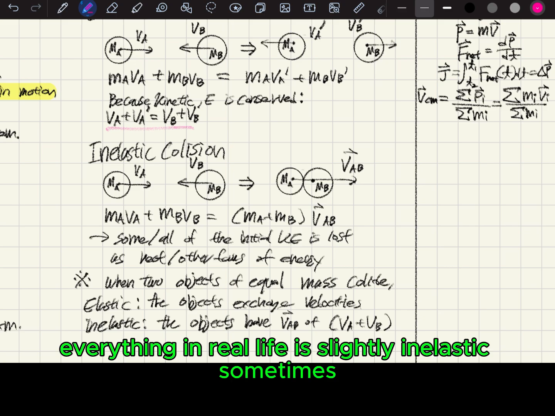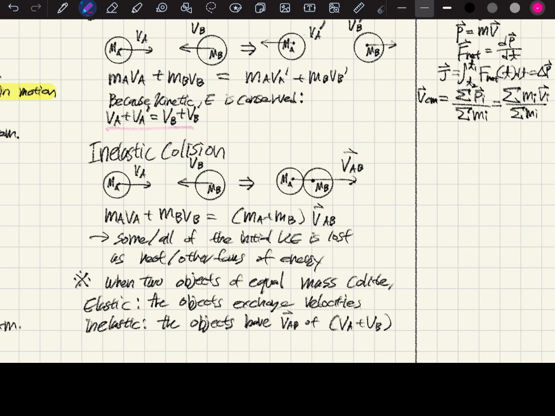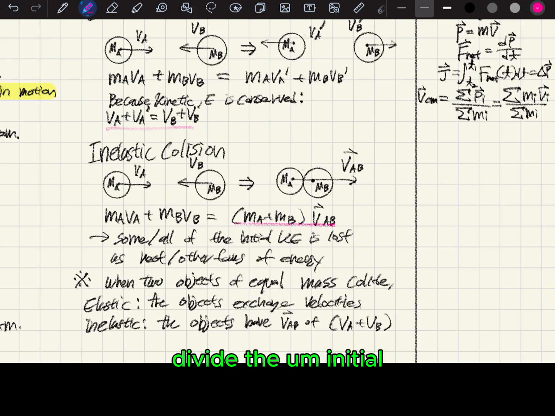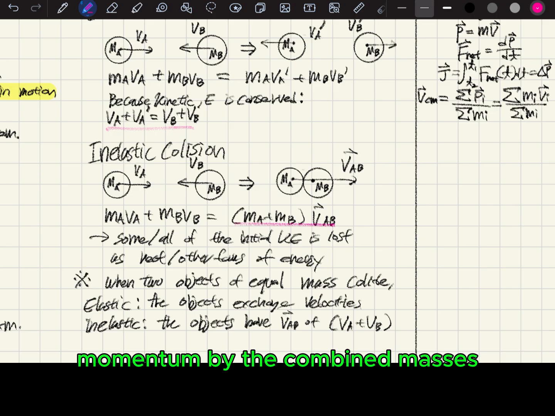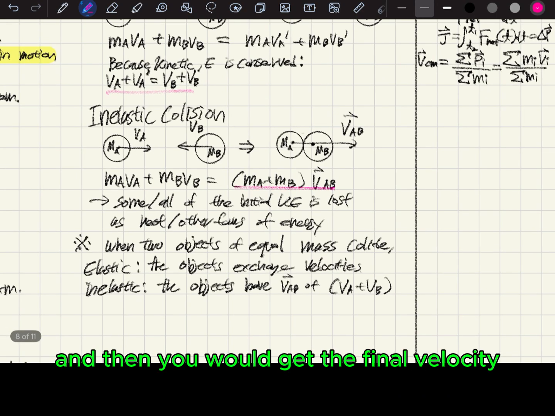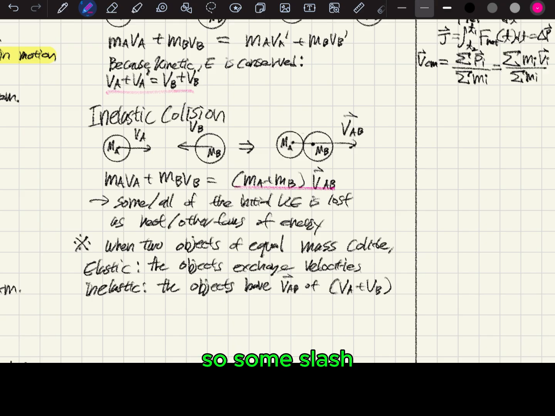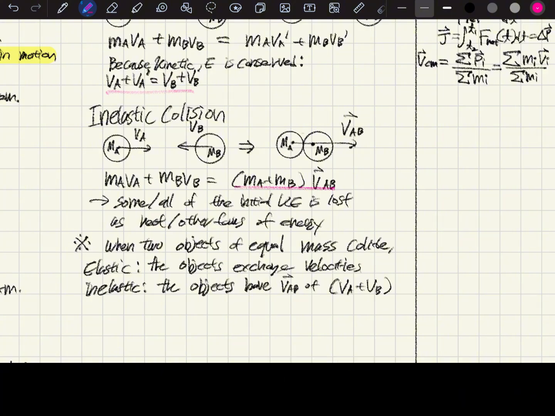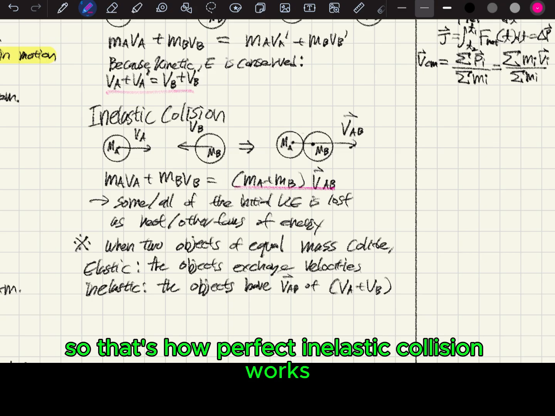Everything in real life is slightly inelastic. Most of the time, they bounce back. But in here, they all stick together, so they're quite easy to solve. You just divide the total initial momentum by the combined masses, and you get the final velocity. Some or all of the initial kinetic energy is lost as heat or other forms of energy. That's how a perfectly inelastic collision works.